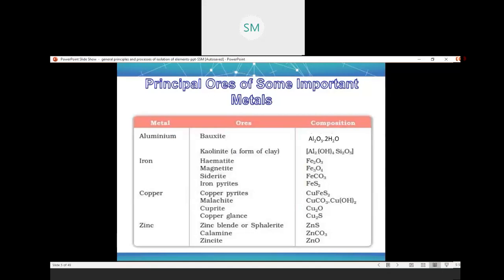Copper pyrites, malachite, cuprite, and copper glance are the ores of copper, whereas we are extracting copper from copper pyrites. Zincblende, calamine, and zincite are the ores of zinc, whereas zinc is extracted from zincblende.